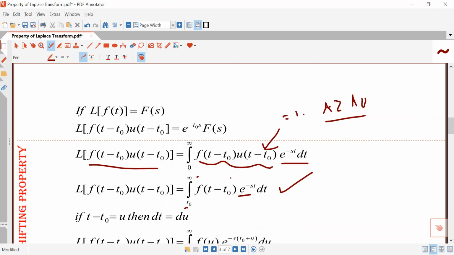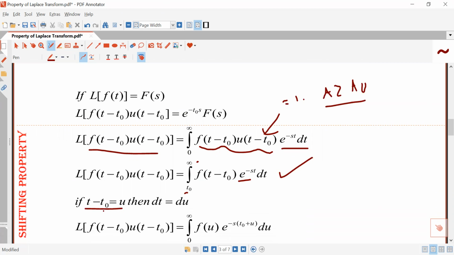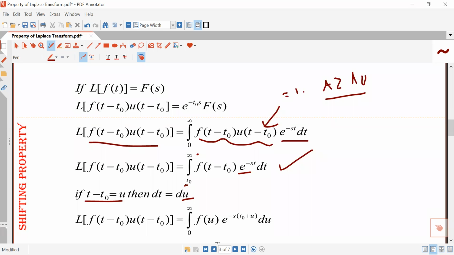Now you can substitute t minus t0 equal to u, and then dt will be du. And when t equals t0, this limit will be 0. And when t becomes infinity, then the limit in terms of u will be infinity. So the limit will change to 0 to infinity, and this becomes f(u) e to the power minus s, and in place of t, you can write u plus t0.